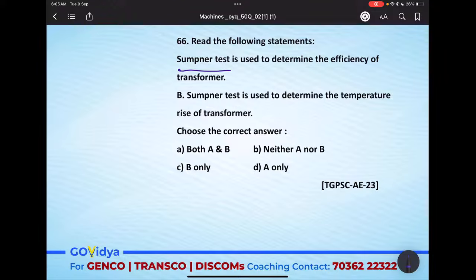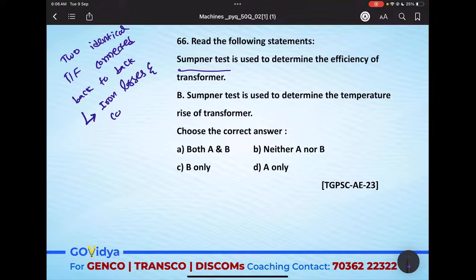We are going to take two identical transformers connected back to back. From this, what we are going to get? We are going to get iron losses as well as copper losses. If you know these iron loss and copper loss, you can calculate the efficiency. So the first statement is correct.